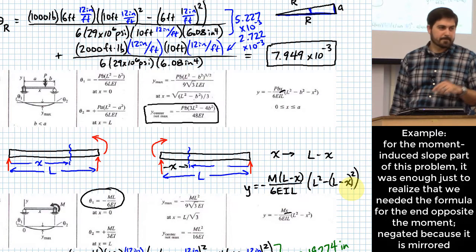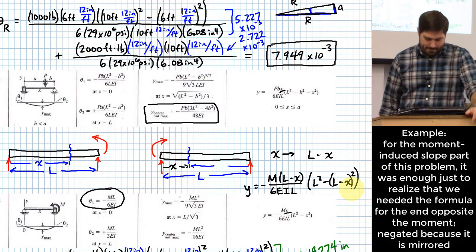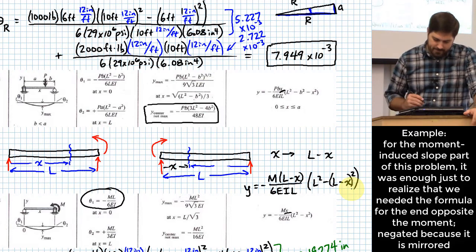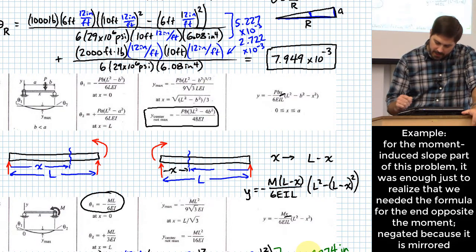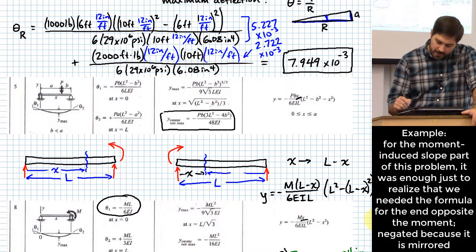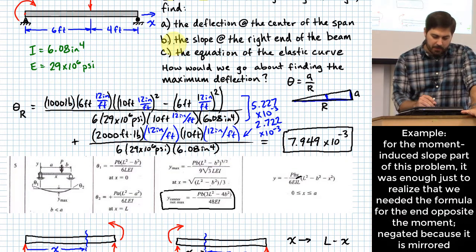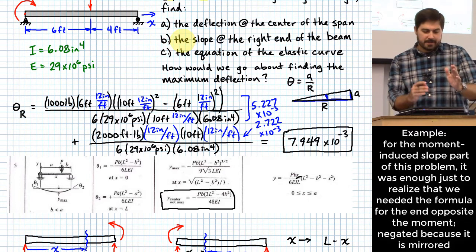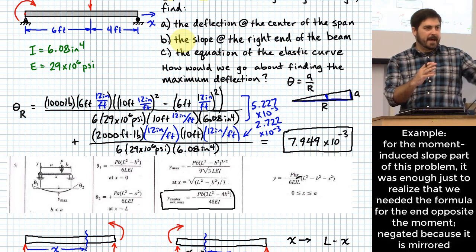So when you flip the beam, like in part B, you flip the diagram under it that shows what the beam does in that instance. For part B, the only thing I needed to do was notice that it was enough for me to look at the opposite end from where the moment was being applied, and that would give me the slope.